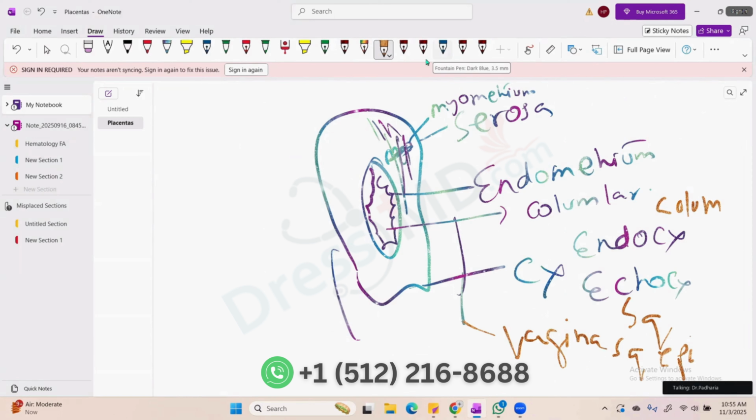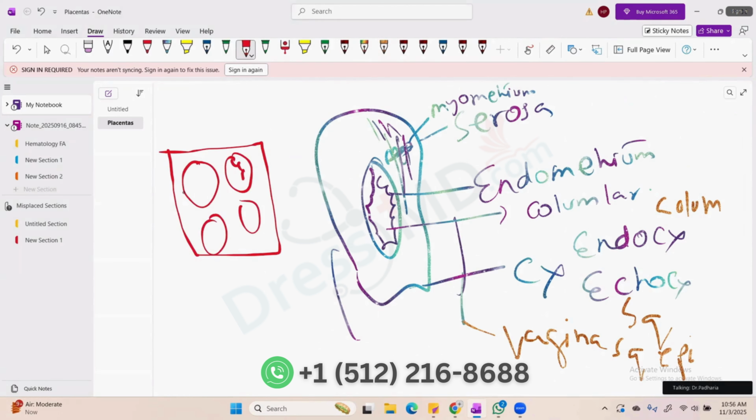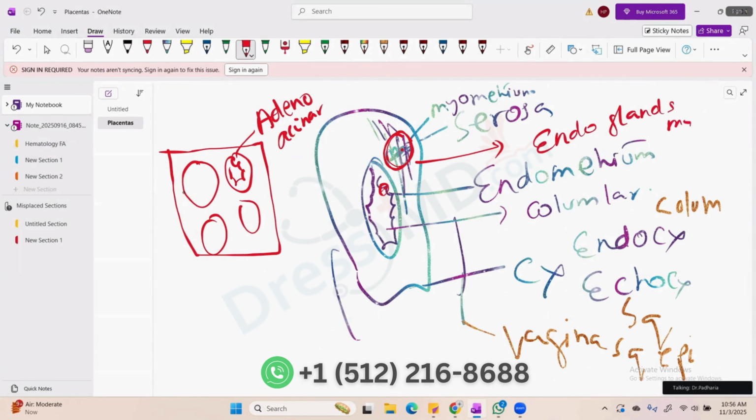Now, Sri, you asked what is adenomyosis. Adenome means glands. When you look at the microscopic appearance of the endometrium, what you see are the endometrial glands, in an acinar pattern. So when you see endometrial glands in the myometrium, we call it adenomyosis.